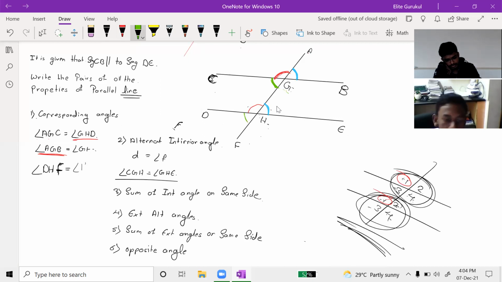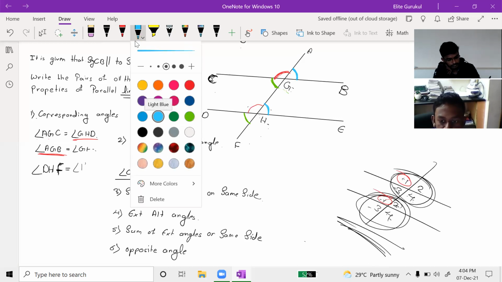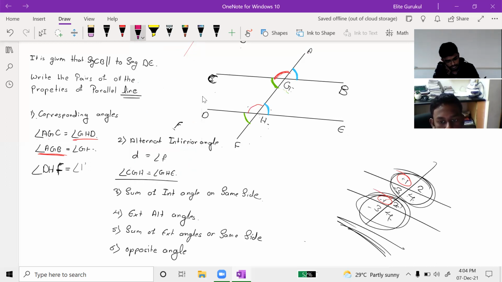And the last, angle GHE. Angle BGH. This angle will be equal to angle EHF. Come on, check it out, all. Everything is right or wrong? Yes, sir.